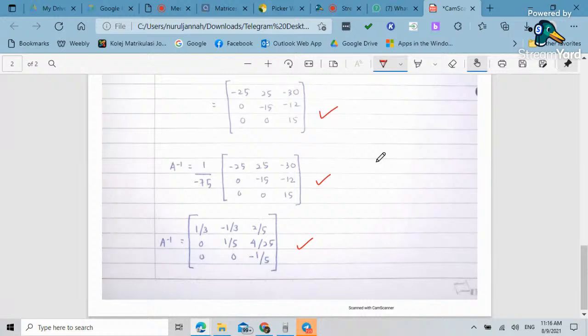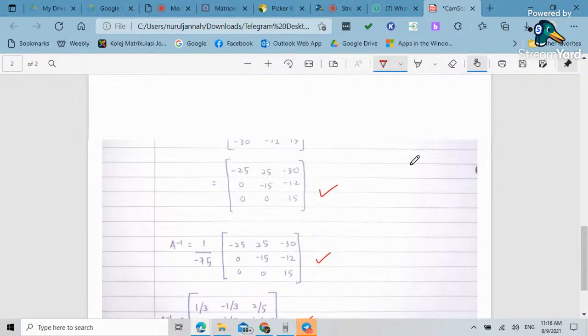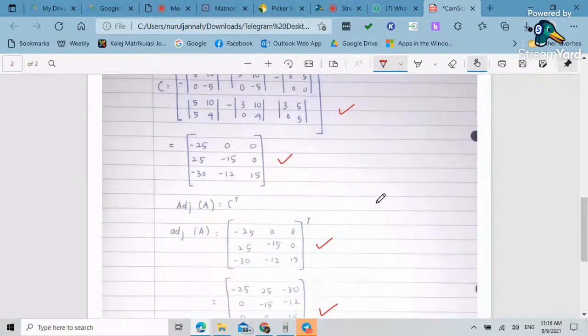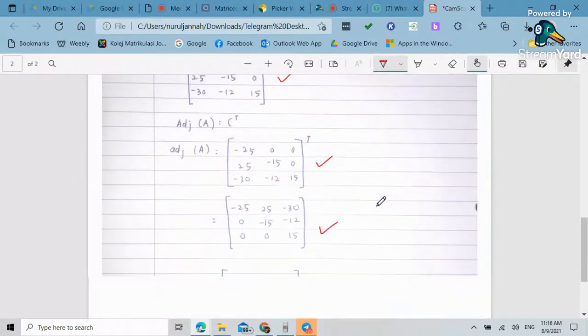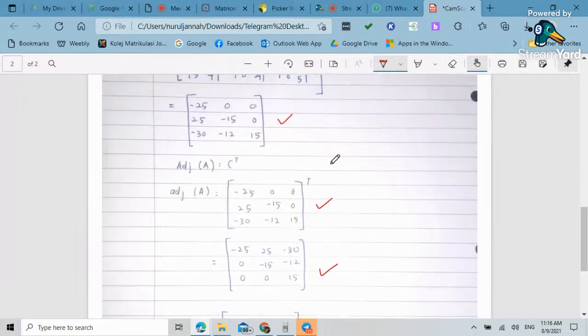Yes, madam. Okay, so basically you have the answer at the back, so you can check whether you are right or wrong. Next, this is question number 28.